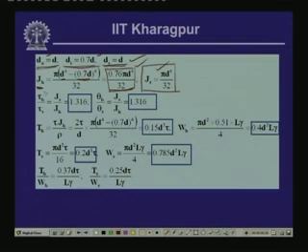Now, if we compare their shear stresses, the shear stress in the hollow to the shear stress in the solid, as we know that T by J is equal to tau by rho. So, tau, the shear stress, is equal to T rho by J. Now, the twisting moment is the same, and rho also is the same for the hollow and the solid one.